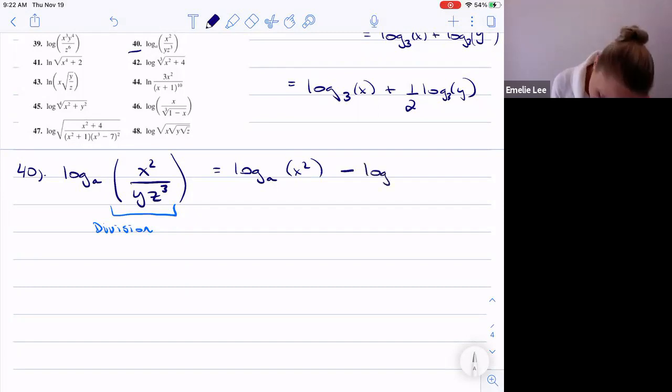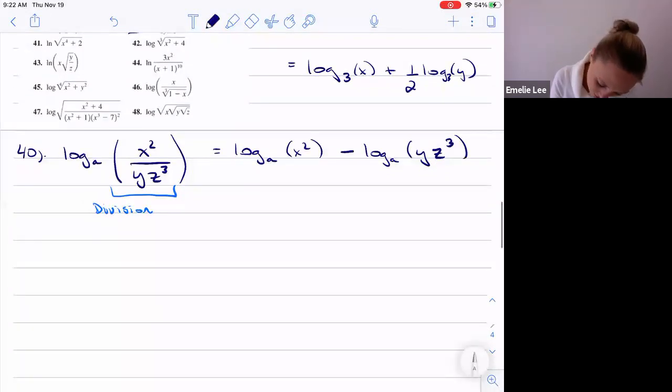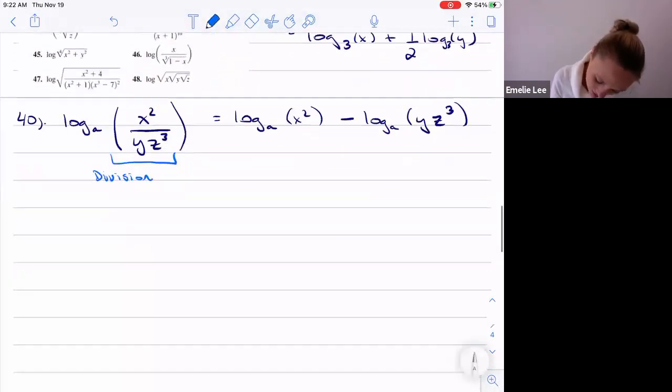So log base A of y z to the 3. Okay. Keeping in mind that it looks like we can expand this a little bit further, but this minus is outside of this whole thing, right? And so what we have, and I'll make a note here. Okay, so here we've got a power, and here we've got multiplication.